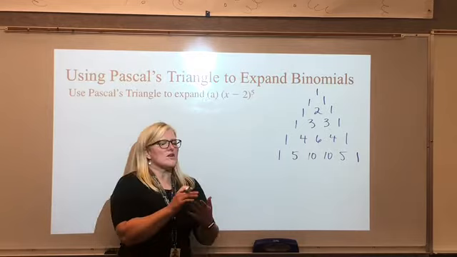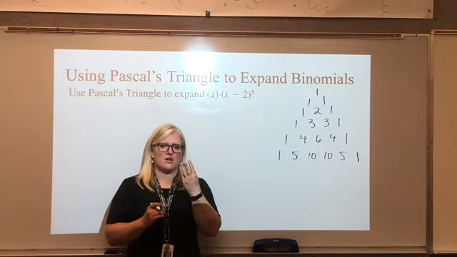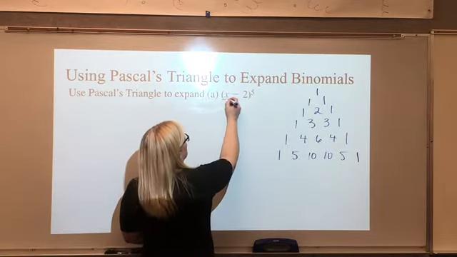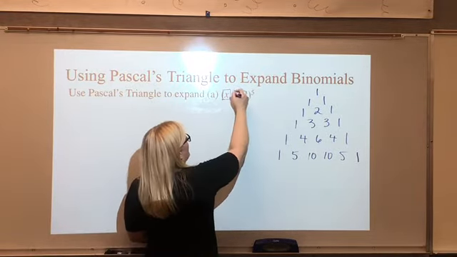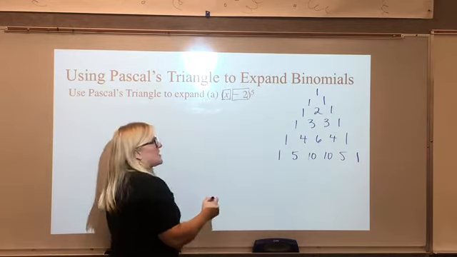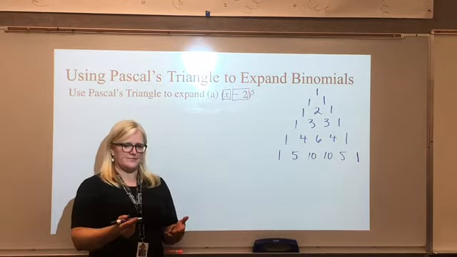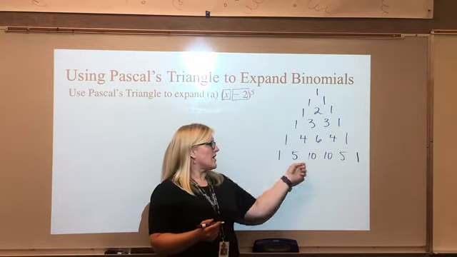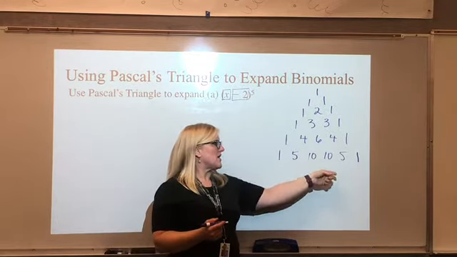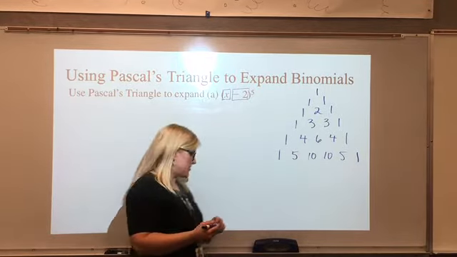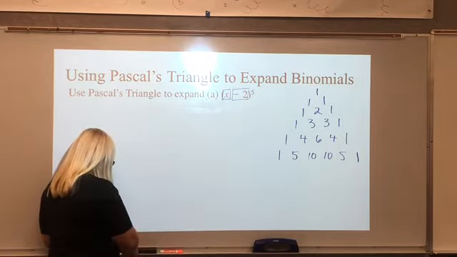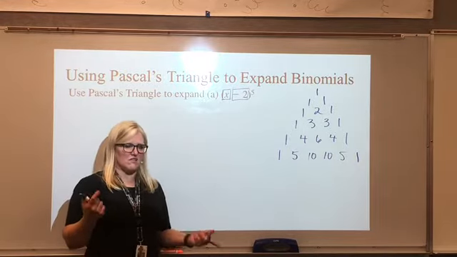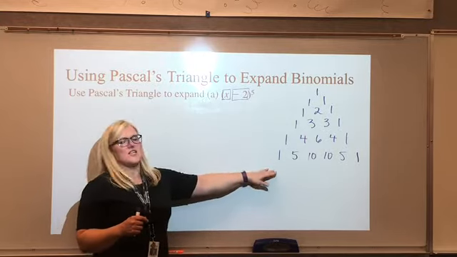Okay, now when you're expanding a binomial, there are 3 parts in every term. All right, there's this x part we have to think about, and then there's this part, the -2 part of the expression. So, looking at Pascal's triangle, I know that there's going to be 6 terms. All right, there are 6 terms.